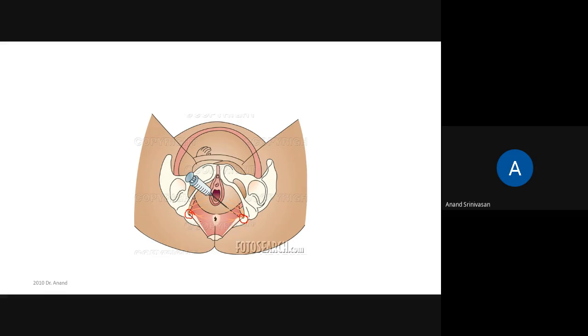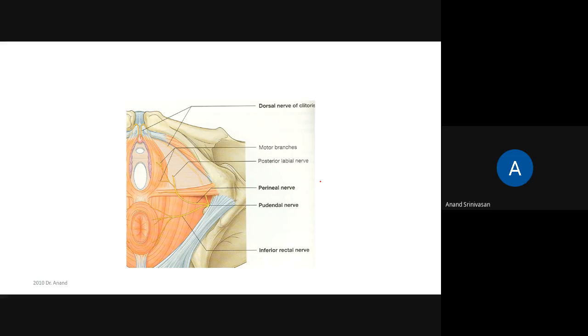So first palpate the ischial spine, and give the local anesthesia around it. That will block the pudendal nerve. Afterwards you can cut the perineum and give a mediolateral episiotomy. This is called a pudendal block.